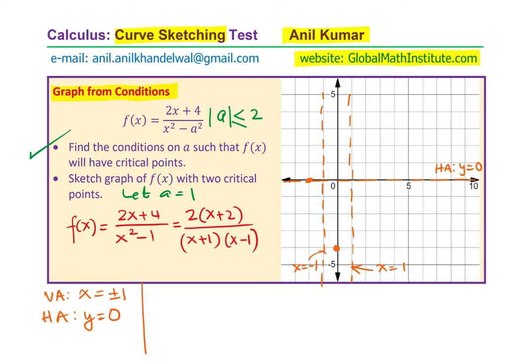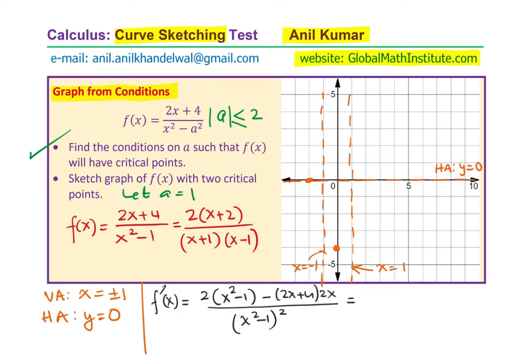Find the first derivative for the function. Let me write down. So the first derivative now for the function will be x squared minus 1 whole square, and the numerator derivative is 2 times x squared minus 1 minus 2x plus 4 times 2x.